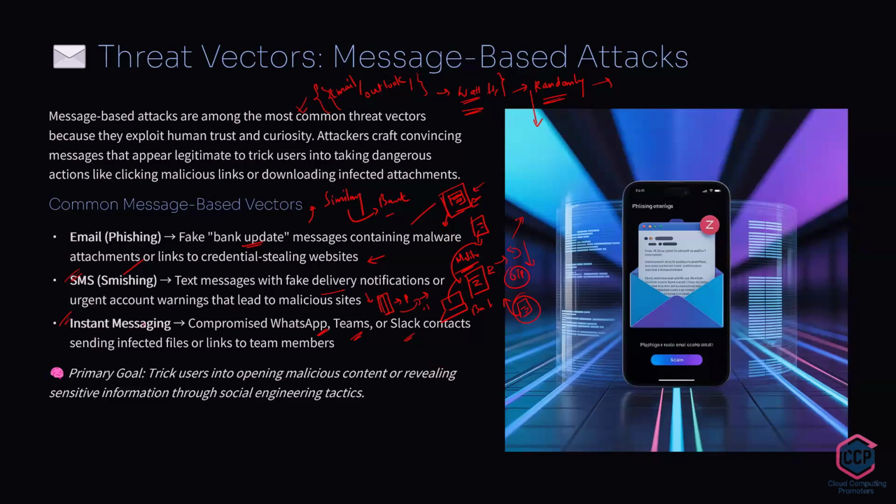Okay. Then these are the three things you need to remember: email, SMS and instant messaging. And what would be his primary goal? He may trick the user to open that malicious link or PDF where there could be sensitive information, which he would try to access, or get into your account or your system.